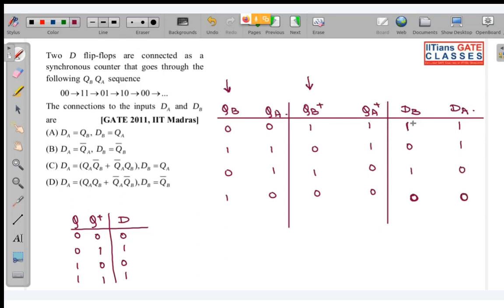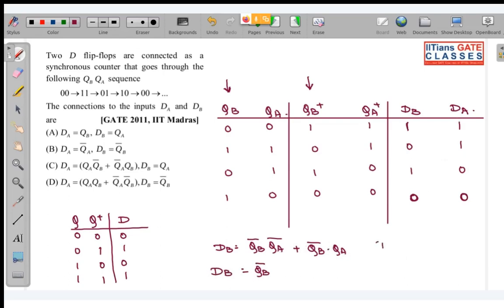So you can see DB is equal to what? If you write the corresponding minterms, QB QA, that will be QB complement QA complement for this one, and for this one it will be QB complement dot QA. If I take QB complement common, this will be QA complement plus QA, so that will be 1.